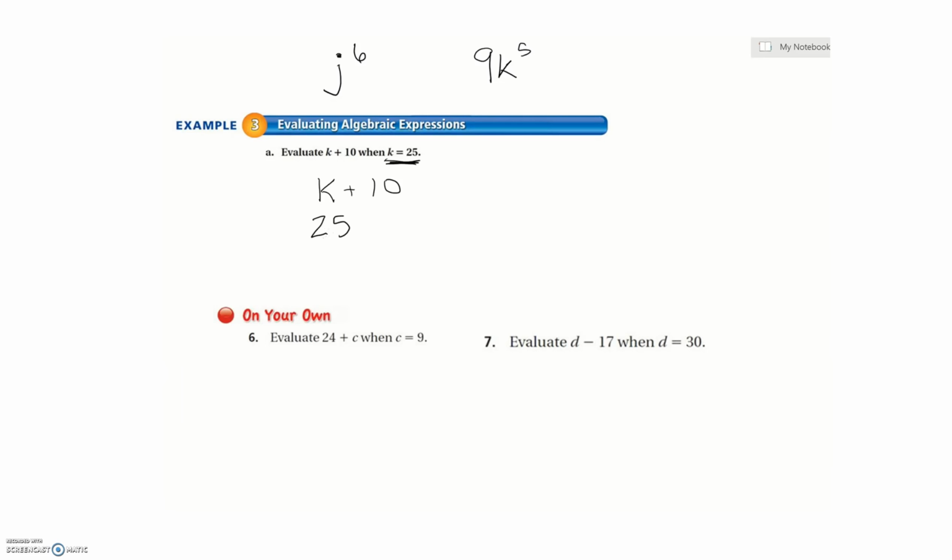It's not going to stay just a K. The K is now gone. It's 25. So 25 plus 10 is going to give us 35. You're just replacing that number. Again, go ahead and pause the video so that you can try them on your own, and I will show you your answers in just a minute.